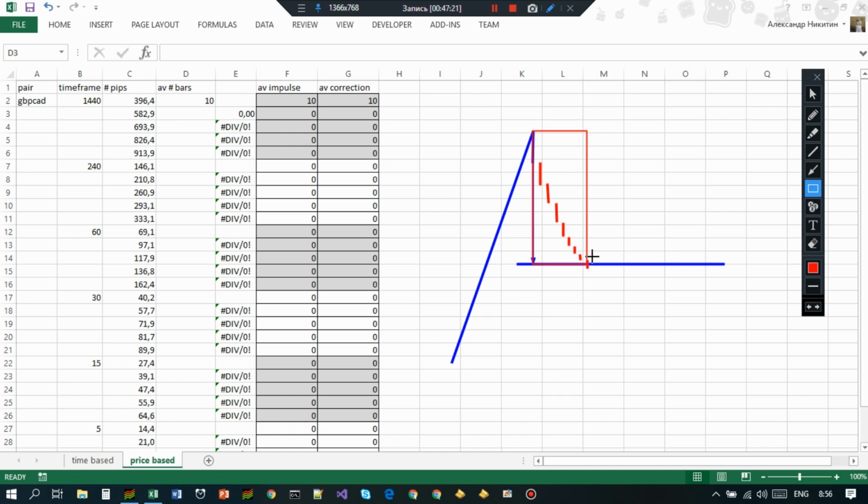When you know the average correction size, it tells you how many bars in this algorithm. And if we suppose that the number of bars here and here is the same, the impulse and corrections, if we suppose the markets are harmonic, then the number of bars in impulse and corrections are the same. Okay, so we have this time and the price projections. Knowing that, we have an advantage, we have an edge.